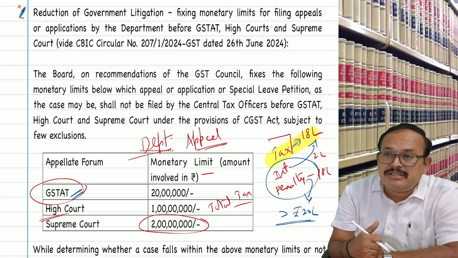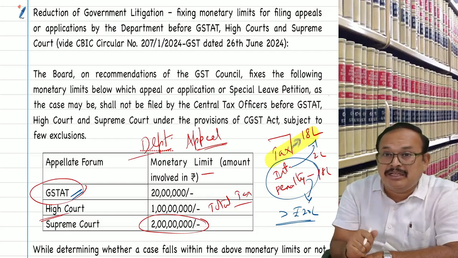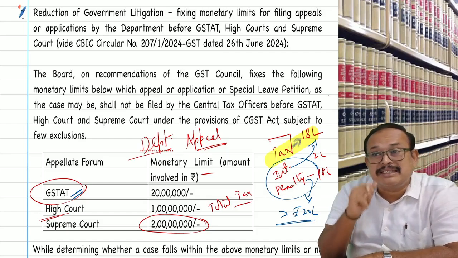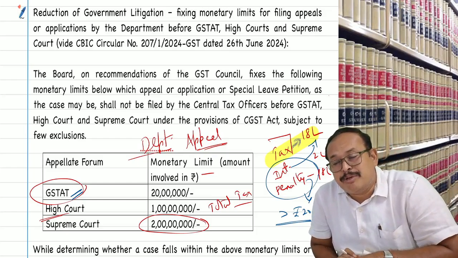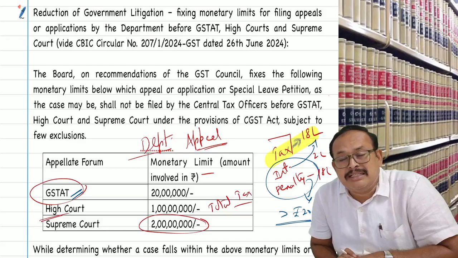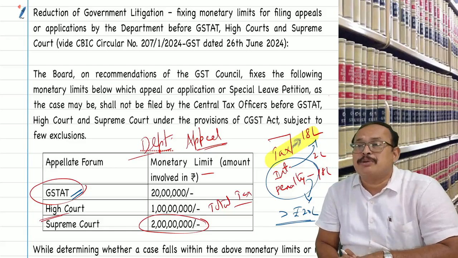In that case, the department can appeal even though the amount does not exceed 20 lakhs, 1 crore or 2 crores, as the case may be, to the GST Appellate Tribunal, High Court or Supreme Court respectively.